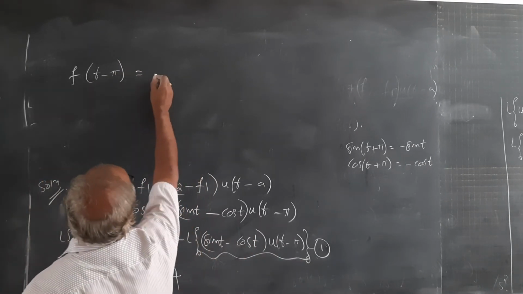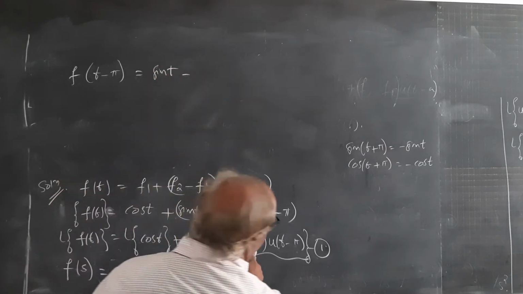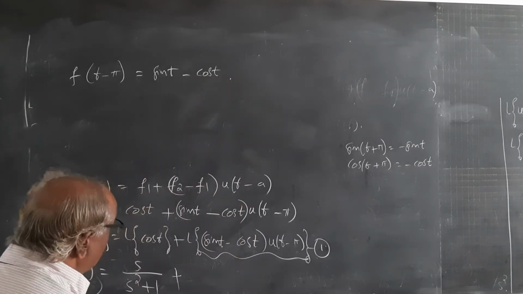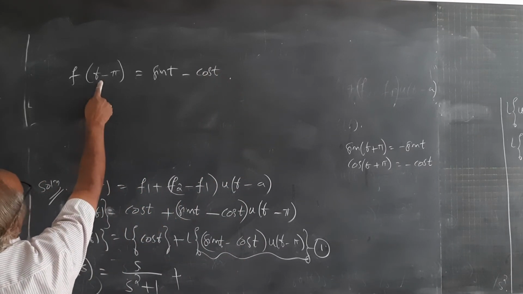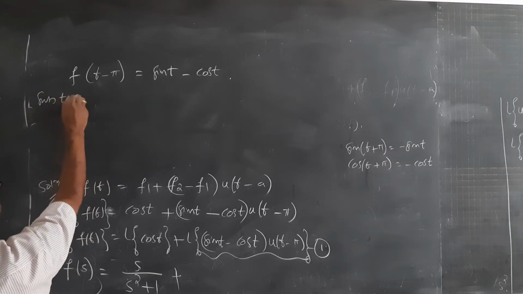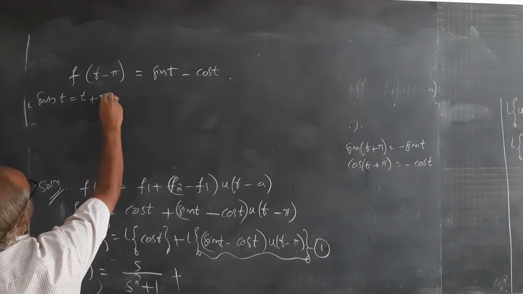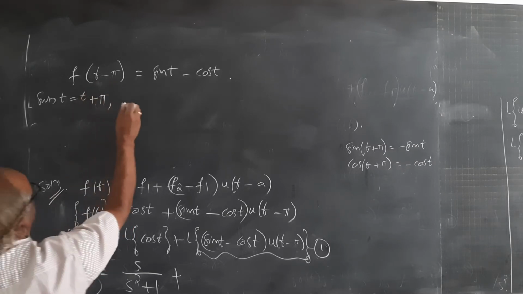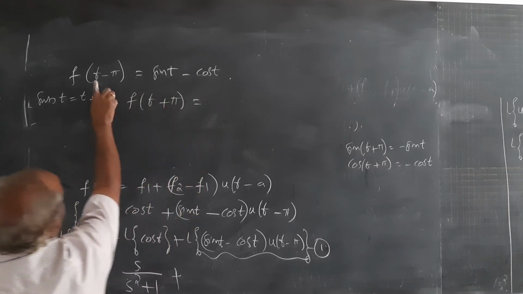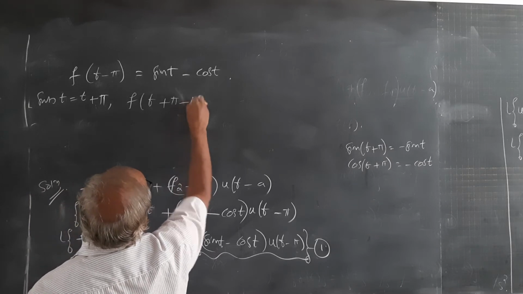is equal to sin t minus cos t. Now, if I want to have f of t, replace t by t plus pi. Substitute t equal to t plus pi, so f of t plus pi minus pi.